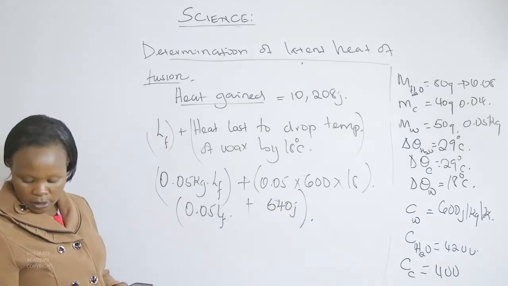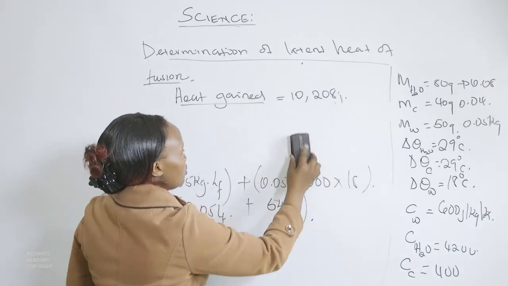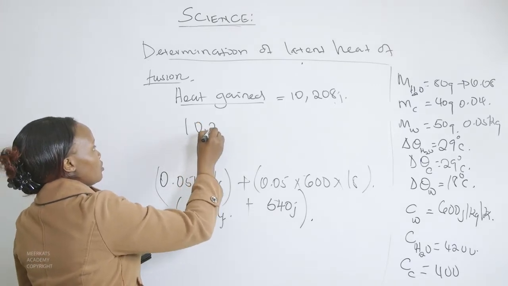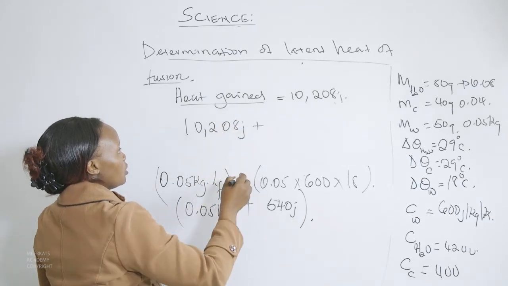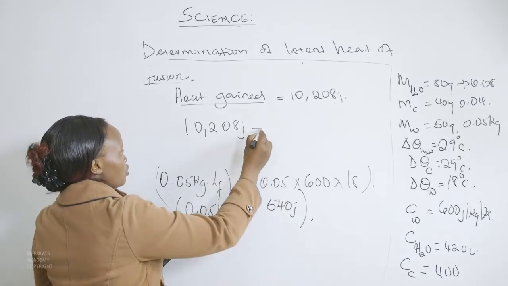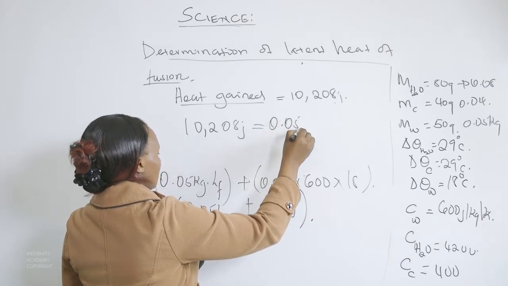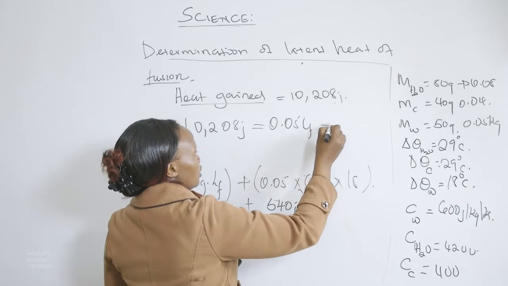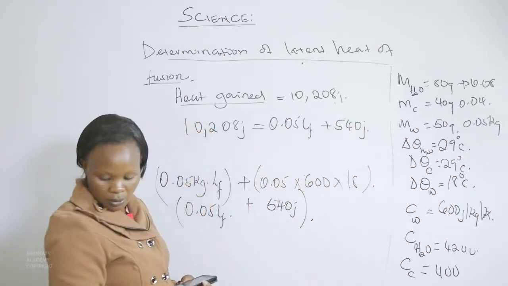Now, equating the two, we say heat gained, which is 10,208 joules, is equivalent to that which was lost, which is 0.05 multiplied by specific latent heat of fusion, which we add to 540 joules.